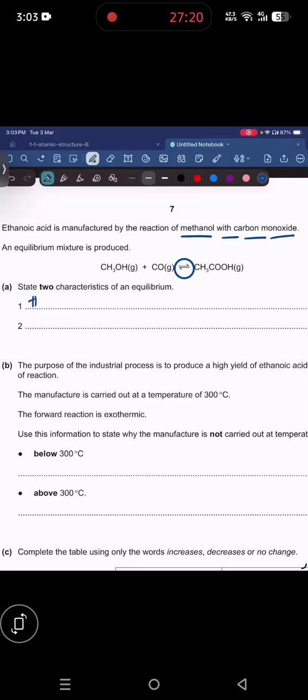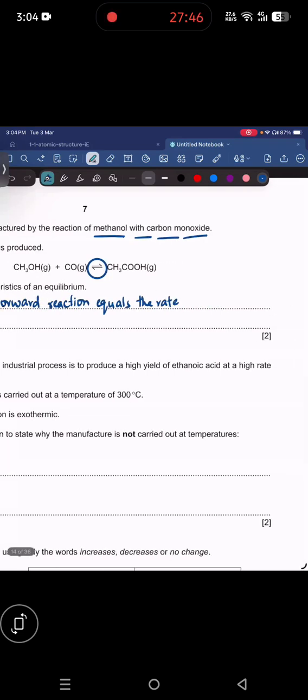The first is the rate of forward reaction equals the rate of the reverse reaction.